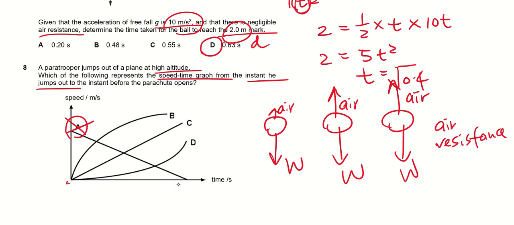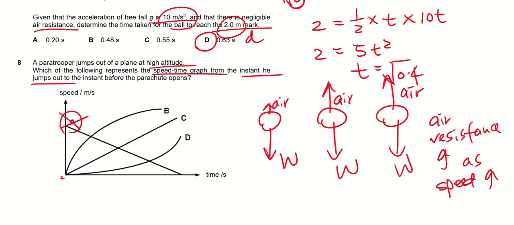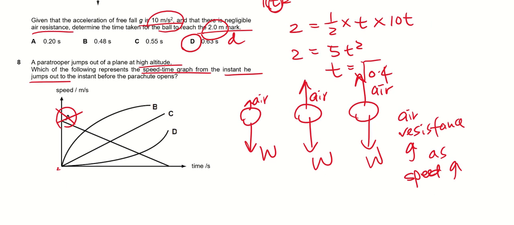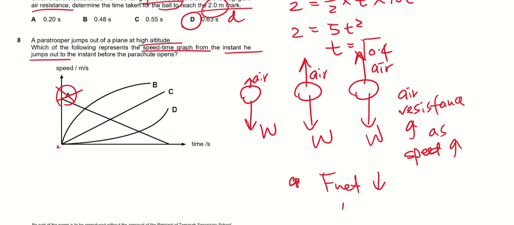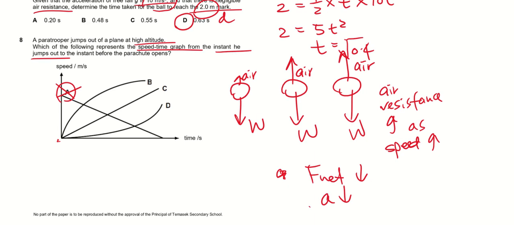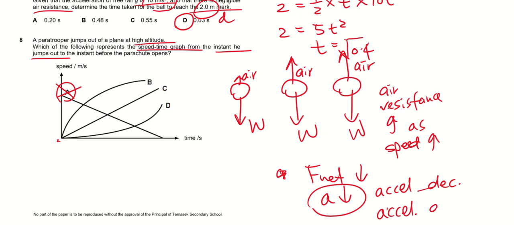So that means his F net is going to decrease. If his F net decreases, that means his acceleration decreases. But does it mean he's slowing down? If acceleration decreases, it means that he is accelerating at a decreasing rate.